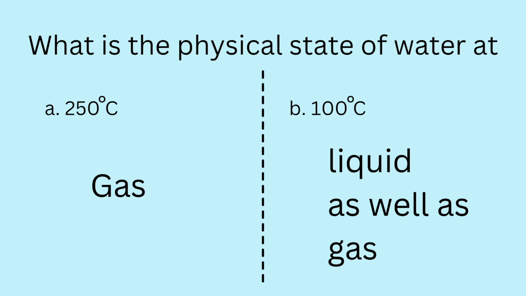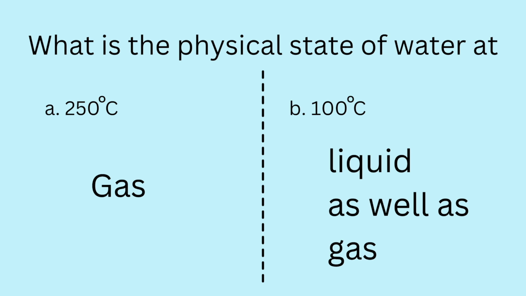Now at 100 degrees Celsius, this is where things get quite complicated, because 100 degrees Celsius is the exact boiling point of water. So at 100 degrees Celsius, some water molecules would remain as liquid and some would remain as gas. Water molecules that have latent heat would obviously be in gas form. Okay, molecules or particles that do not have latent heat would be in liquid.